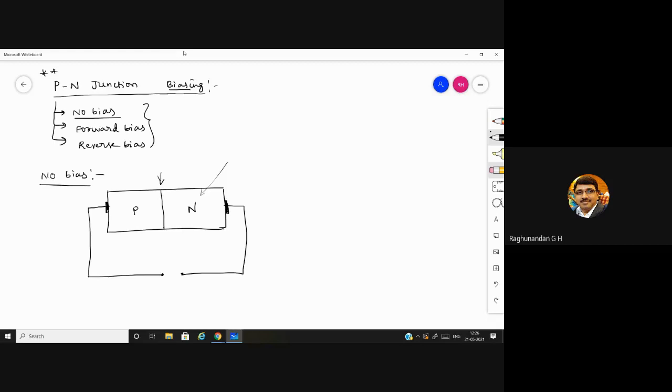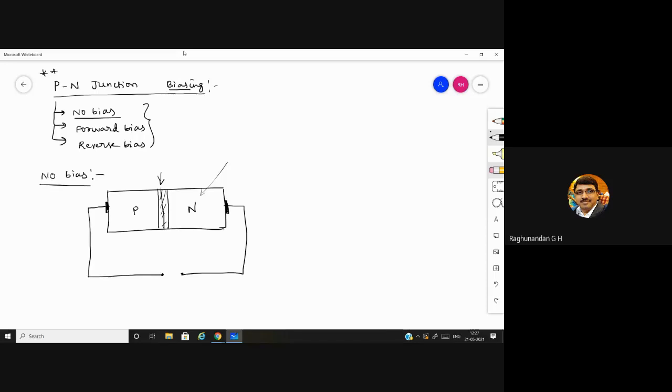In the middle, we know that there is a junction, and that junction has been expanded, and it is going to have a potential barrier across it, and that potential barrier acts as an opposition to the flow of charges.